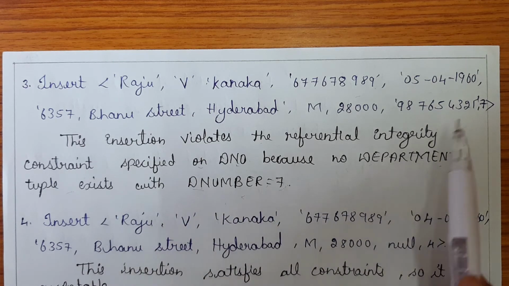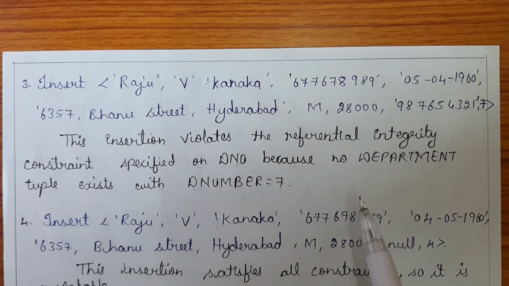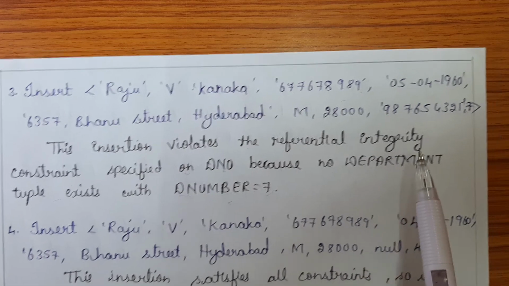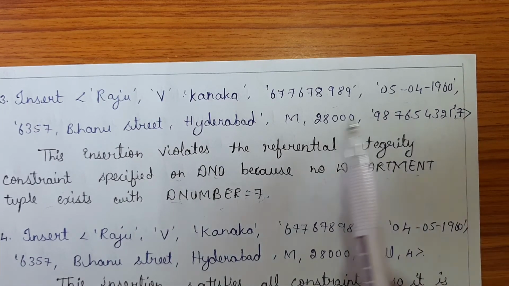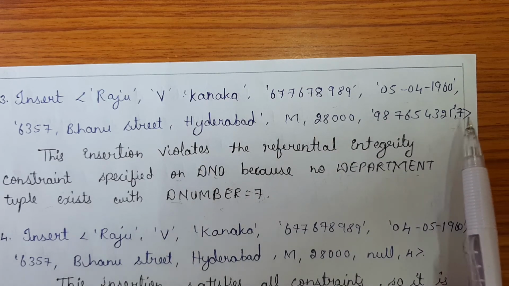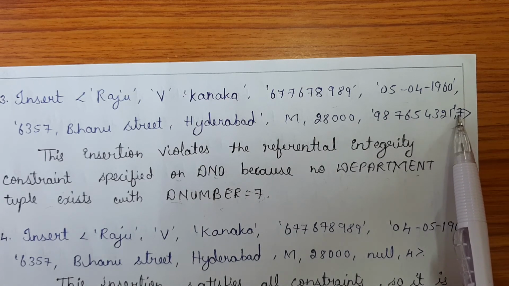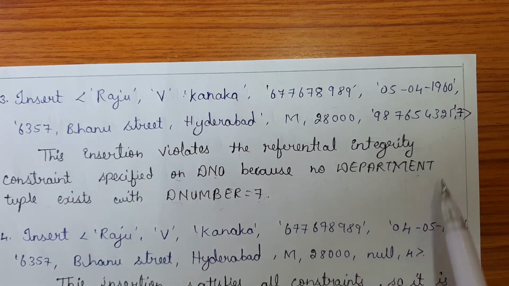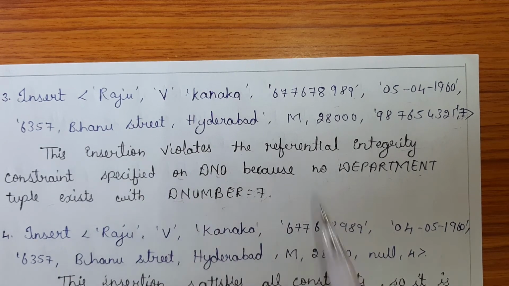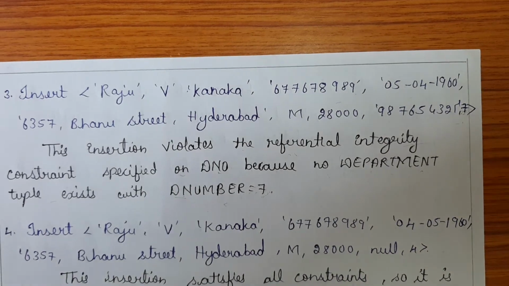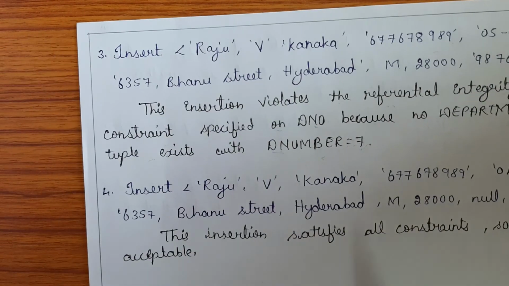We are referring to a table that is present, but the value is not present in the table. While inserting, we referred to this department number, and at that time it checks, but the department table doesn't contain department number 7. So this violates the referential integrity.